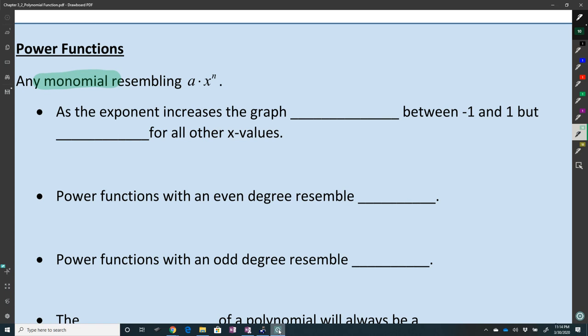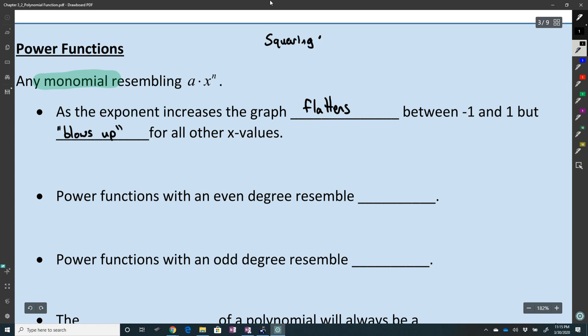So if I go back over here, as the exponent increases, the graph flattens between -1 and 1, but notice that it blows up for all other x values. I'm going to put the term blows up. And the reason for that, like if I say to square a number, and you're constantly squaring something, let me just work this out.